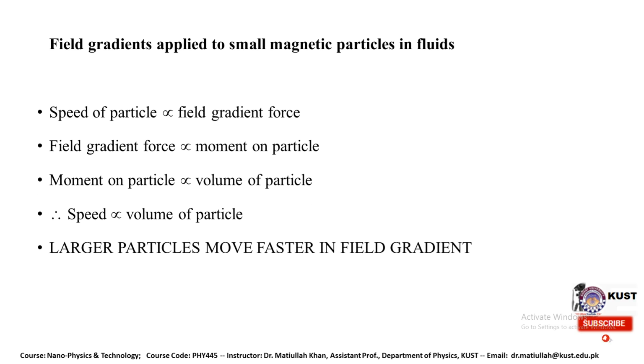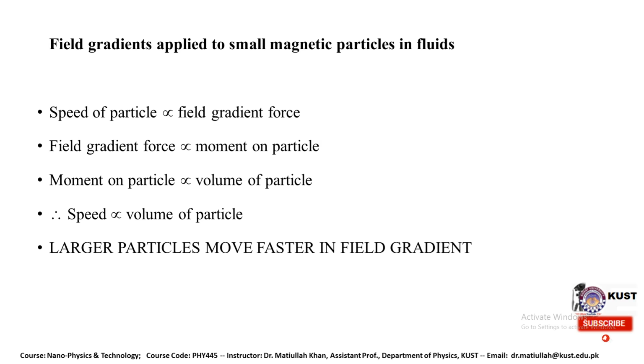So we have a field gradient force applied to a small magnetic particle in fluid, and the speed of the particle is proportional to the field gradient force. The field gradient force is proportional to the moment on the particle, that is the magnetic moment of atomic origin. We already discussed this from the atomic origin of magnetism.